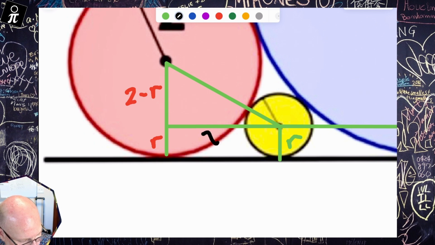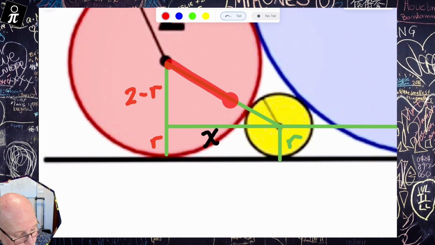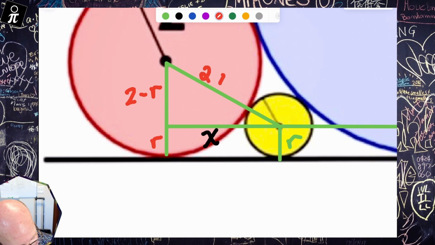This length right here is x. So one side is x, the other leg is 2 minus r, and we don't know what the hypotenuse is, but we can calculate. Actually, we do sort of know what it is. It's 2 plus r. So let's label that: 2 plus r.